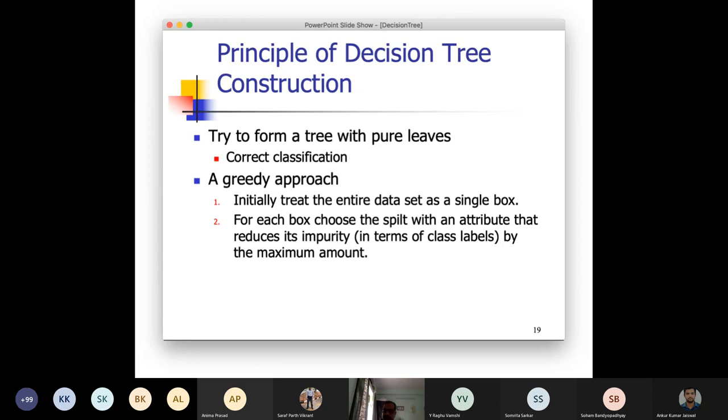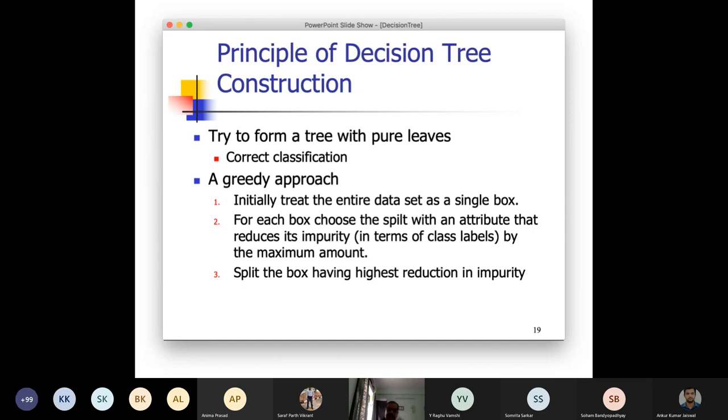Now, which attribute will reduce it the most? That is the question. Given an attribute, if you go on with this partitioning, the weighted average of entropy will come down, right? But the question is which attribute reduces it the most? This is the way you can choose an attribute.